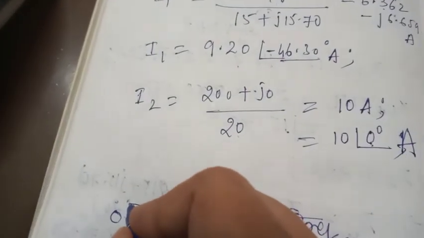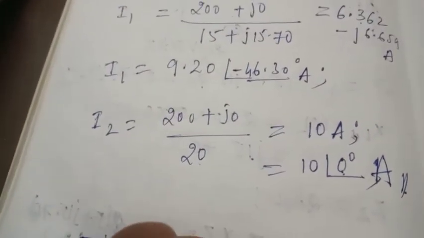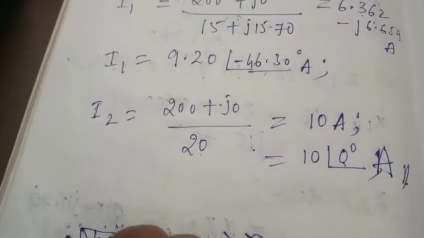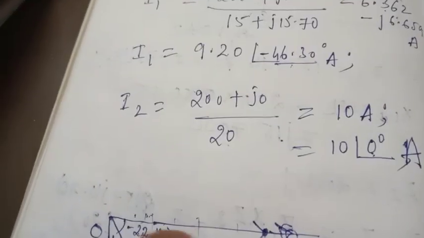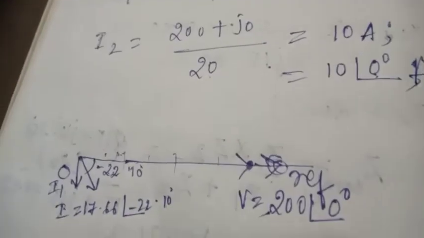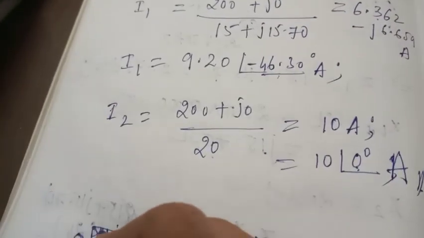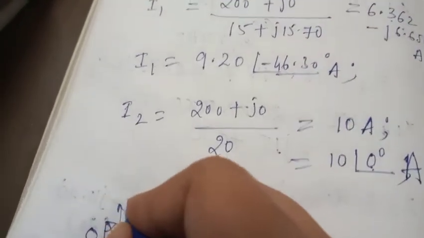What about I1? I1 is equal to minus 46. They are asking, this is 9 point something magnitude and 46 degrees. Minus 46 means it will come around here. So this is I1, minus 46.30 degrees.